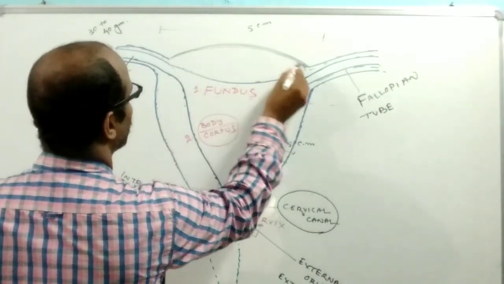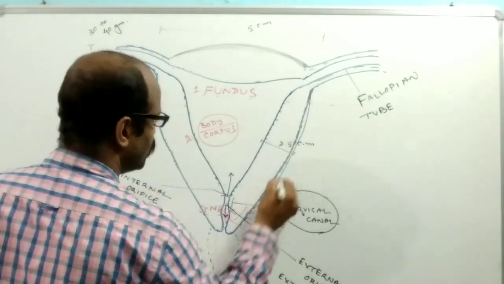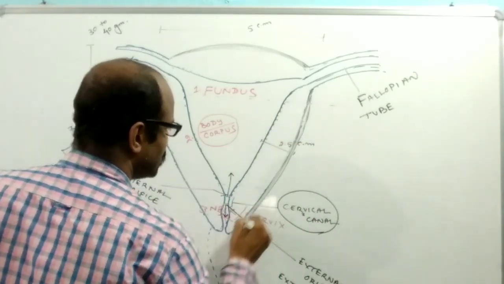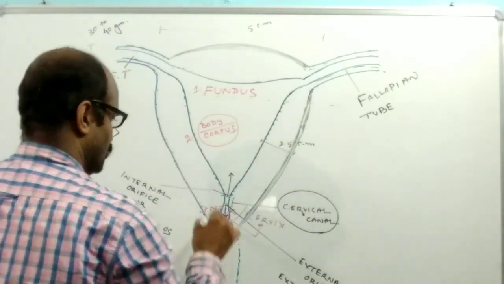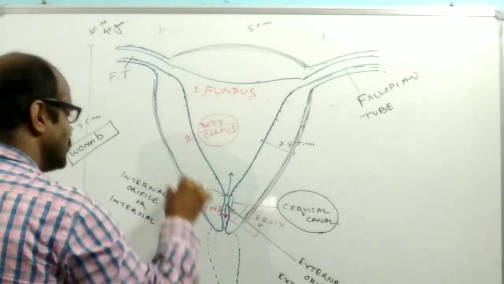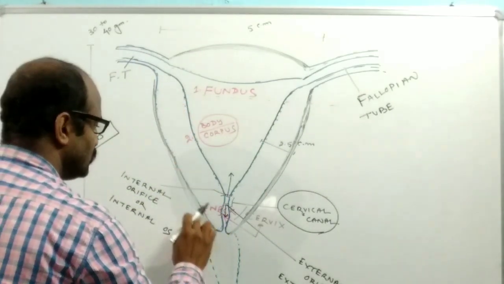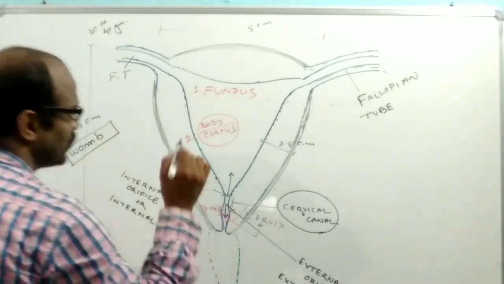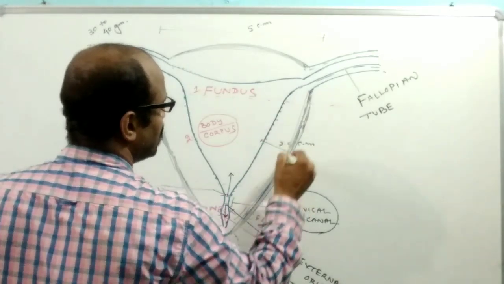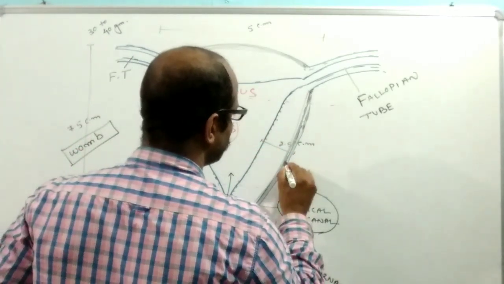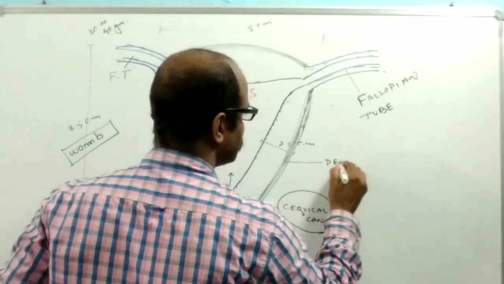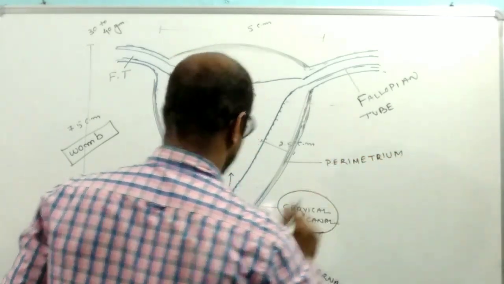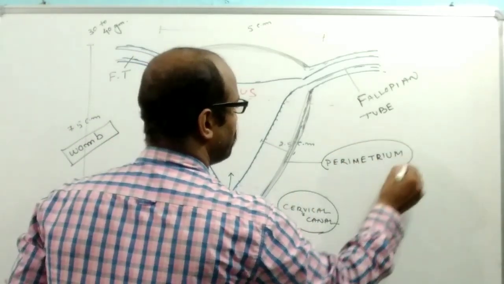The outer layer, which is non-vascular, or only very slightly vascular, is known as the perimetrium. So the outer layer of the uterus is the perimetrium.